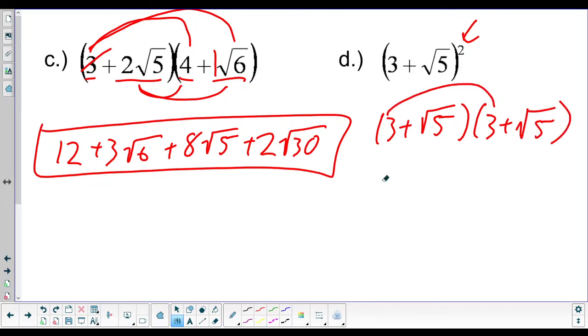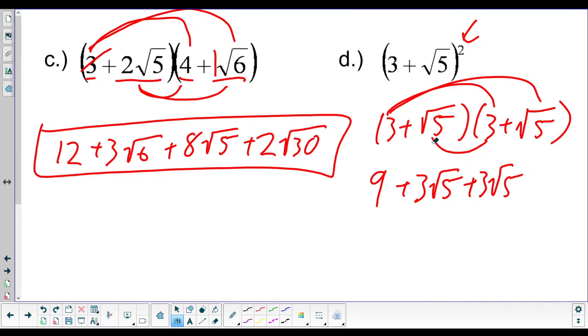So 3 times 3 is 9. Plus 3 times radical 5 is 3 radical 5. Radical 5 times 3 is 3 radical 5. And then radical 5 times radical 5 is radical 25.